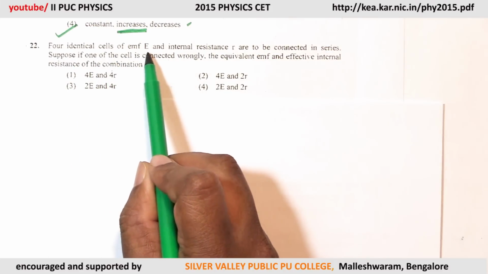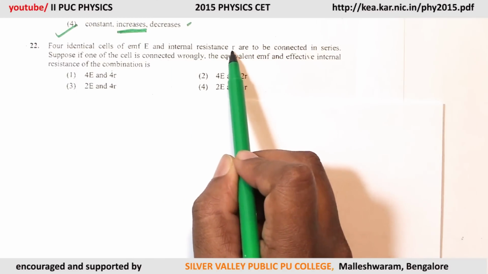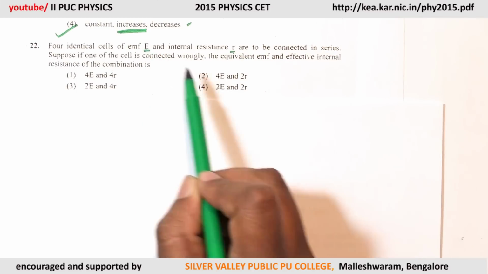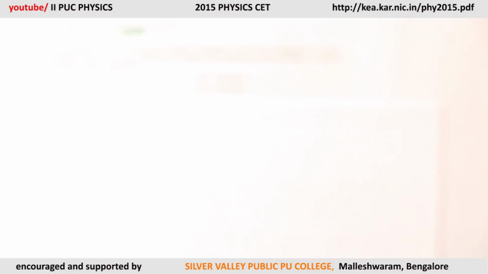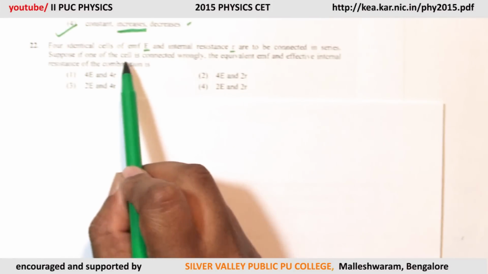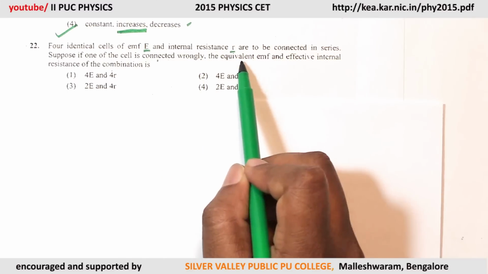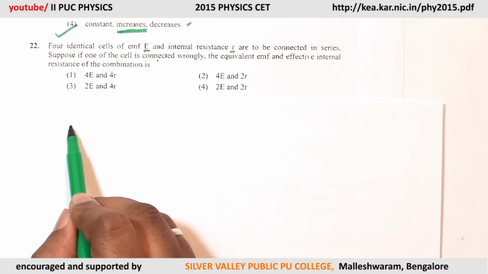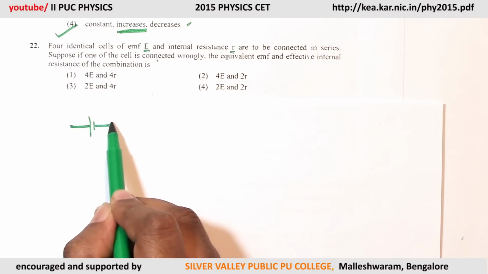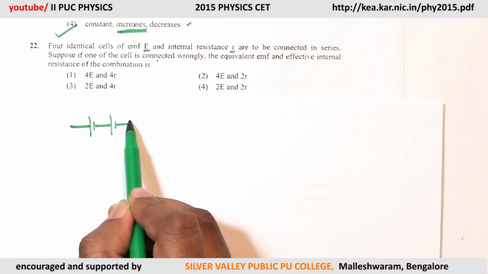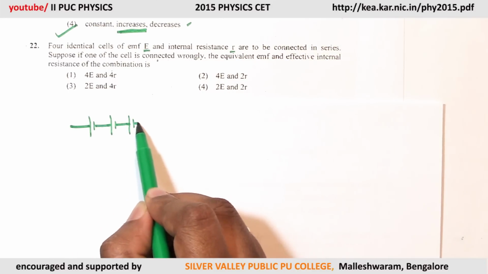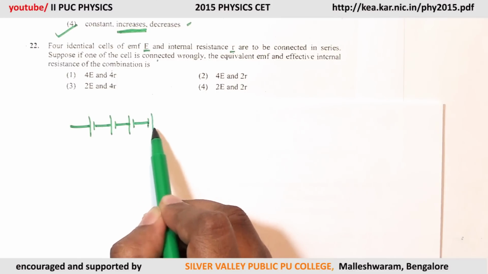4 identical cells of EMF E and internal resistance R are connected in series. Suppose one of the cells is connected wrongly, meaning opposite, what is the equivalent EMF? First cell, second cell, third cell connected wrongly means this is the only possibility.